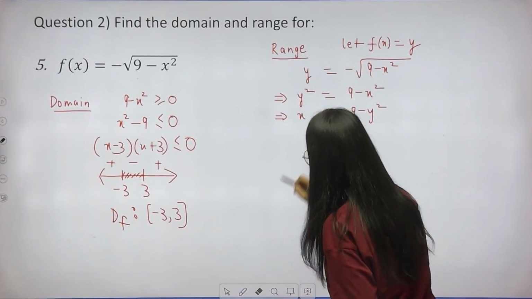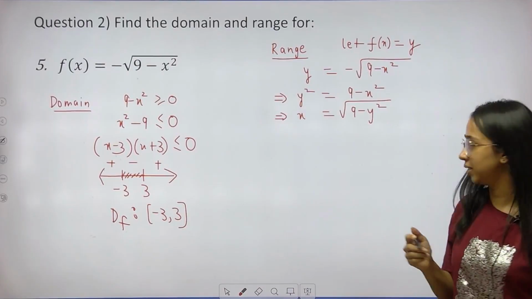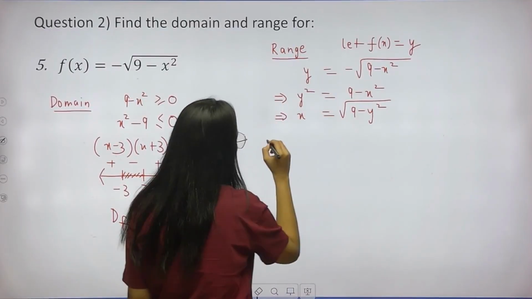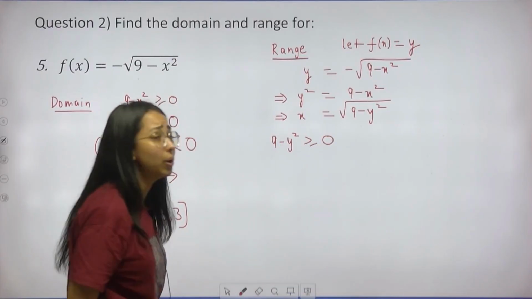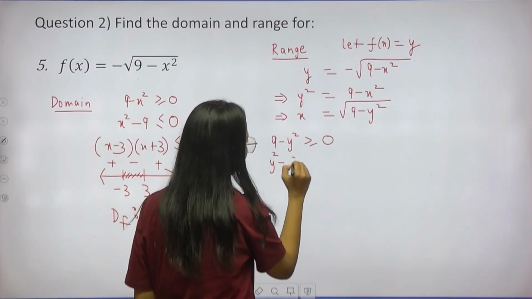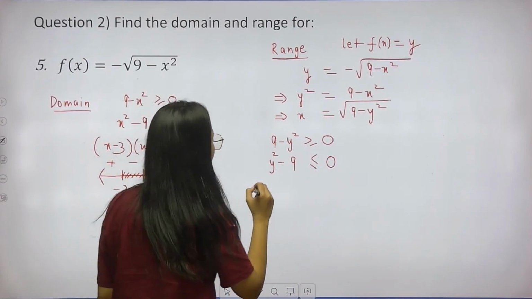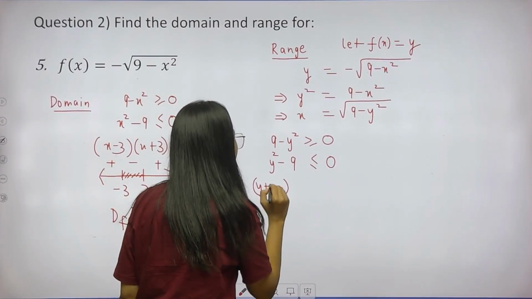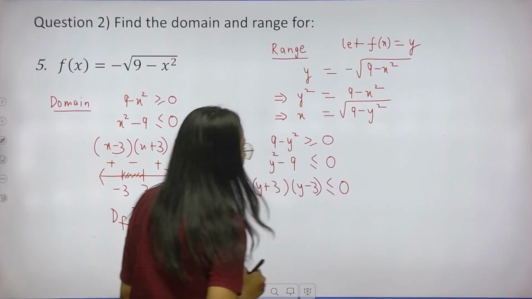And the value of x will be equal to under root of 9 minus y square. Now, 9 minus y square will be greater than or equal to 0. Let's take minus sign common. We get y square minus 9 is less than or equal to 0. Now, it becomes y plus 3 into y minus 3 is less than or equal to 0.